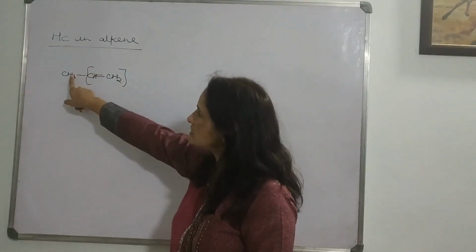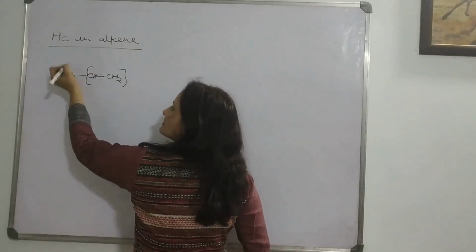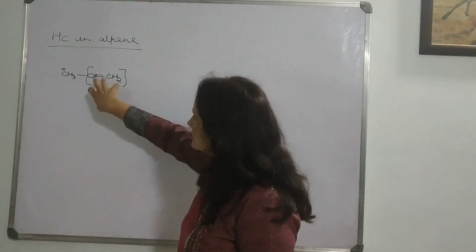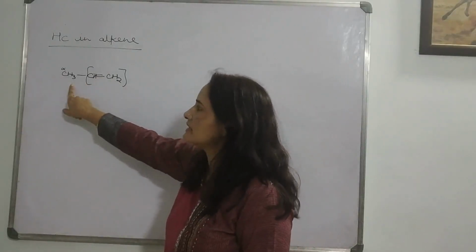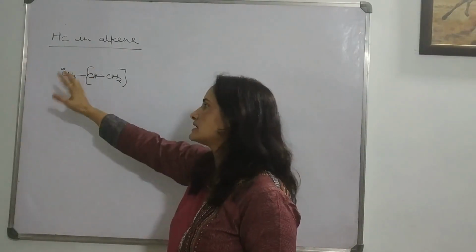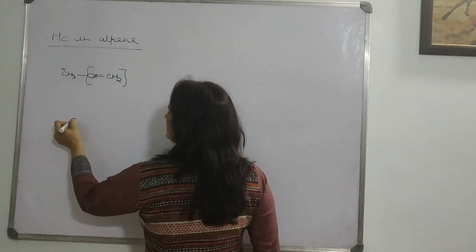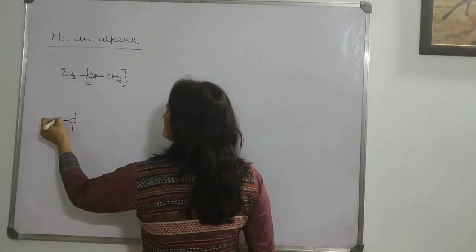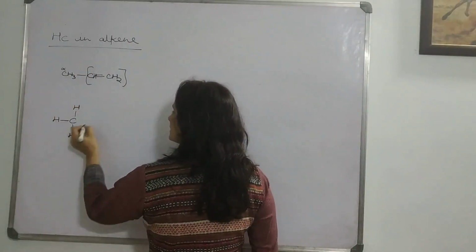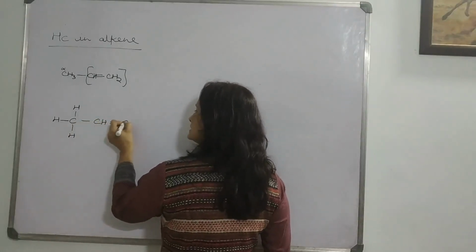It is attached directly to a carbon, which will be taken as the alpha carbon with respect to this, and this alpha carbon has sp3 hybridization and also has hydrogens, which is the requirement for hyperconjugation. So let's take it like this. This is the CH3 group which is directly connected to an alkene system.